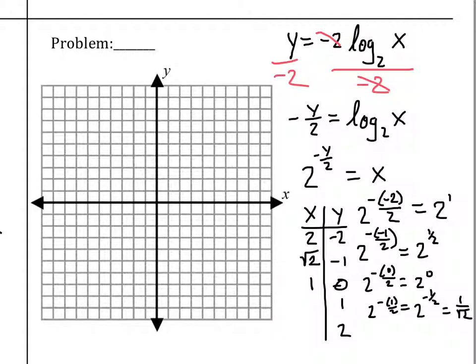Aren't these fun? And of course, that's not rationalized, but at this point, we're not going to have to worry about that. And then 2 squared. So 2 to the negative 2 over 2 power. That's 2 to the negative 1st. That's 1/2. All right.